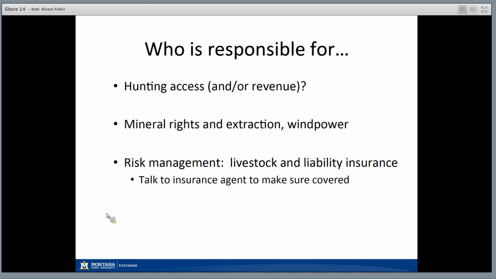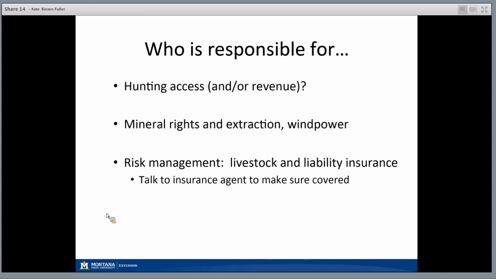This is more of an issue in certain areas of the state than others. So if there are mineral rights or wind power on the property, granting access for people to come on and maintain those facilities is something that's important for a tenant to know about.